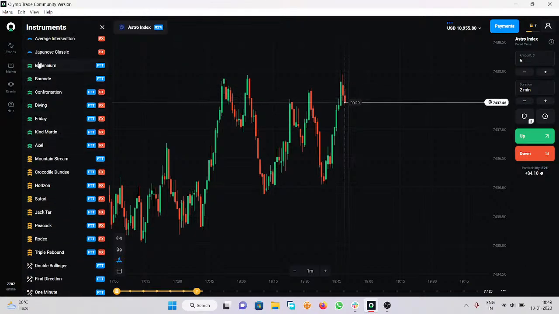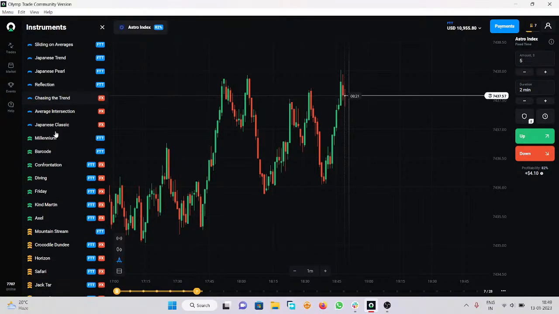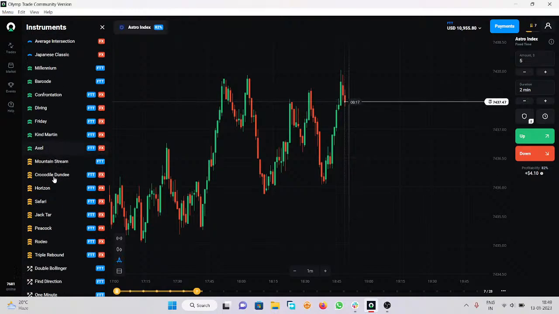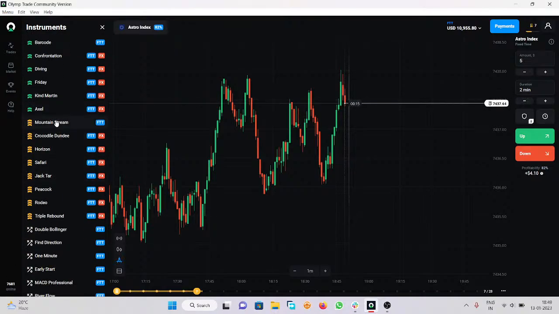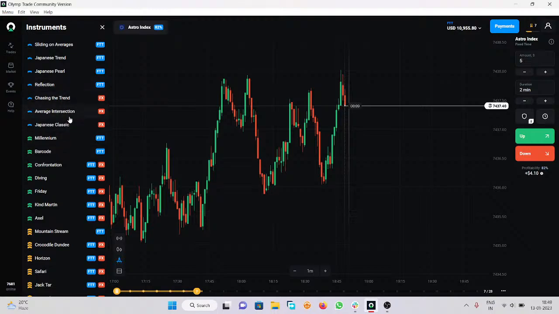The green badge strategies belong to the advanced traders. Means if you are an advanced trader, then you will have these 8 starter strategies as well as these 7 advanced strategies. And if you are an expert status holder, then you will have 8 more strategies. So overall, if we count, there are a total of 23 strategies.